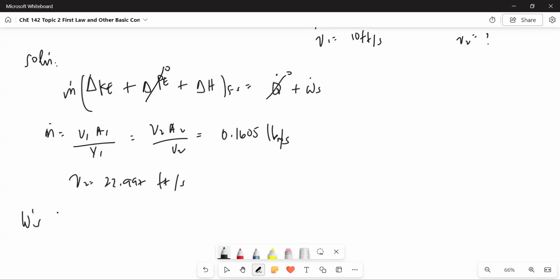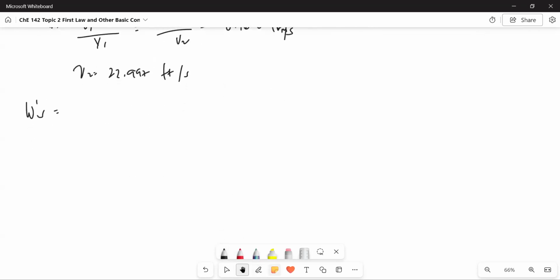So now that we know those values already, we can substitute into the equation, because our equation, when expanded, would be the mass flow rate times the delta KE, delta PE over GC, times H2 minus H1. So substitute everything into the equation and multiply by the mass flow rate.